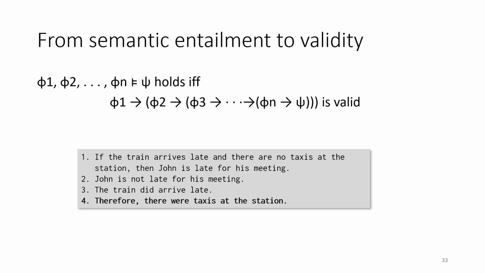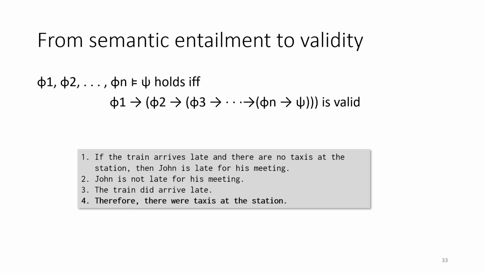The other way around, of course, if we have something that checks semantic entailment and we want to check validity, then we can also do it because it's an if and only if. So we can choose whichever one we prefer. In practice, we will see that validity is actually quite easy to check. We will see why.